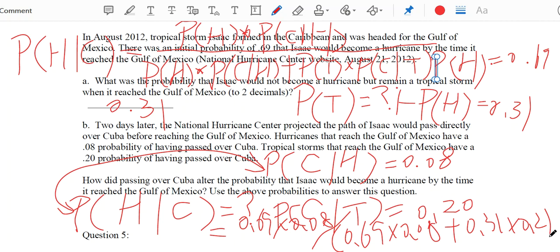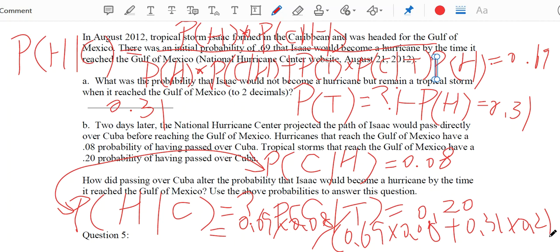And then we end up with 0.0899. So that is how to figure out the probability given it is passing Cuba. So what's the chance it will become a hurricane?